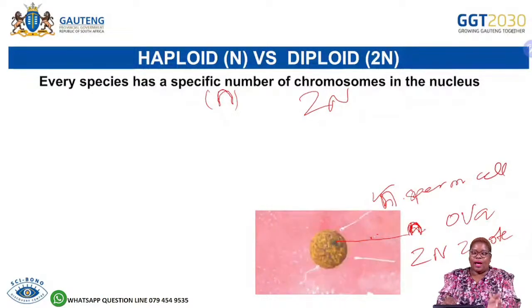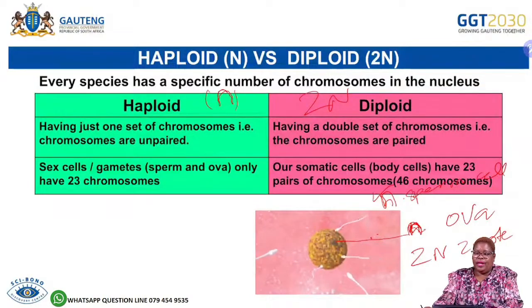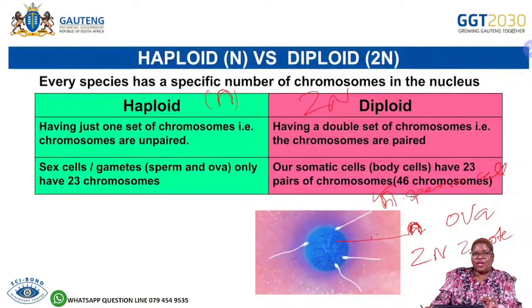Every species has a specific number of chromosomes in their nucleus. What is the difference between haploid and diploid? I gave you the symbols you can use to represent those.